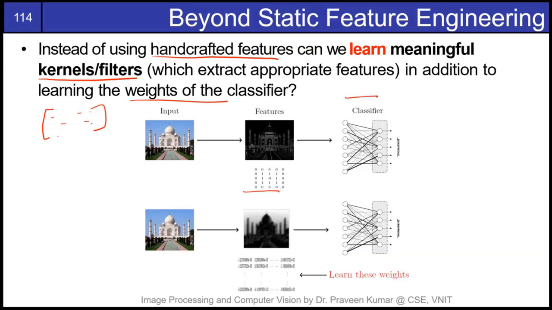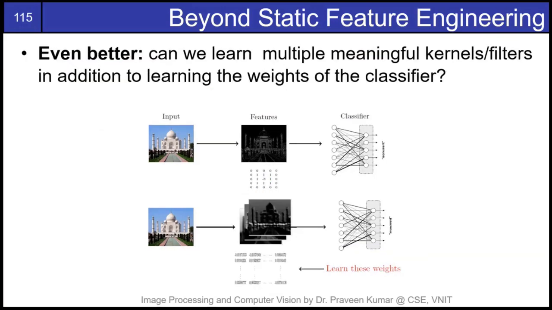In the past, people have seen that a combination of features performs well; just one feature will not always perform well. So can our algorithm learn multiple such features or filters or kernels in addition to the weights of the classifier?